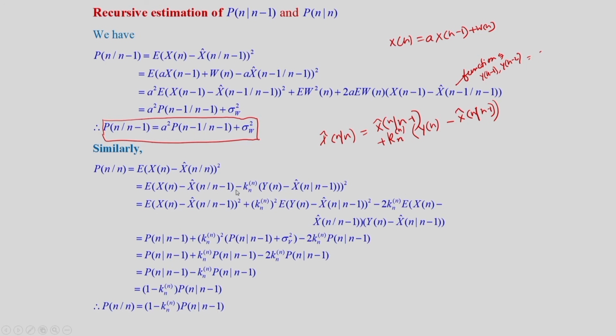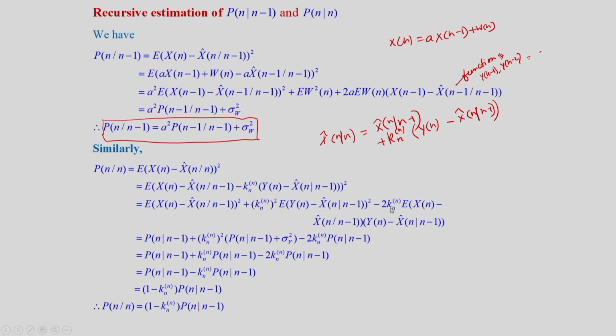Now, we will combine this part. So, (x[n] minus x̂[n|n-1]) whole square, one term will be there, plus K[n] whole square into E of (y[n] minus x̂[n|n-1]) whole square. So, this part, minus now twice a b term will come.